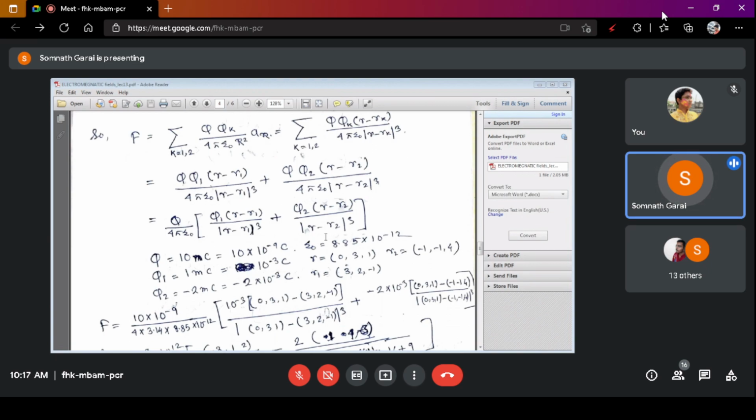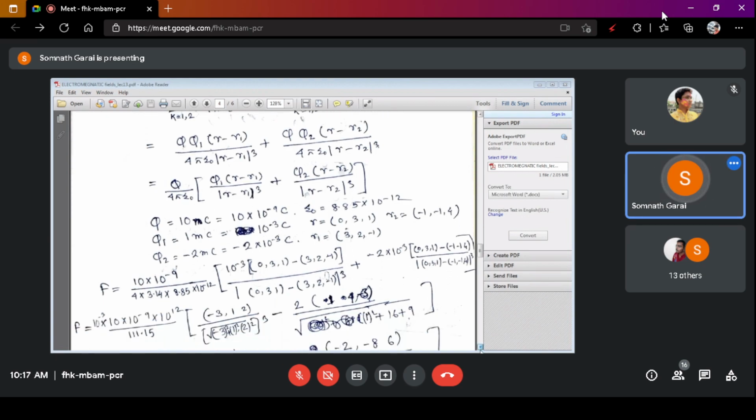Now the position vector of Q, the reference charge, is (0, 3, 1). The position vector of R1, that is of Q1, is (0, 3, 2, minus 1). And the position vector of R2 is (-1, -1, 4), right? Now we put these values in our standard equation.